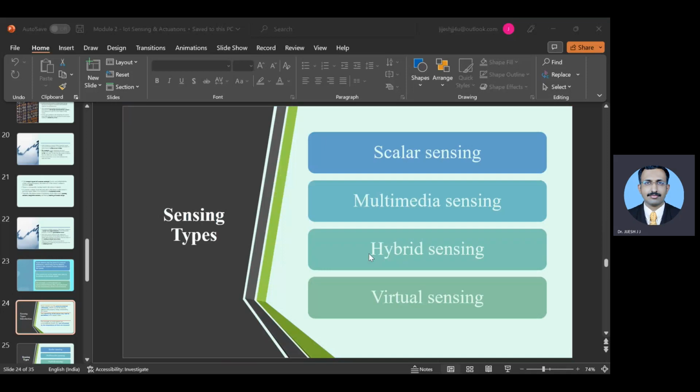So what is scalar sensing? What do you mean by scalar sensing? Scalar sensing, you can say, is like a thermometer. Somewhere a fire happens. Okay, in one particular room, a fire immediately takes place.